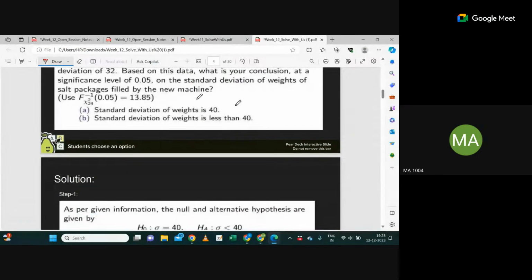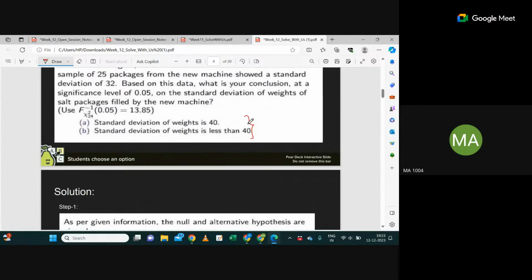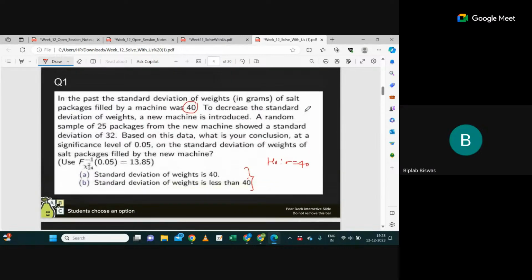Or you can simply guess it with your hypothesis also. So my hypothesis is basically I'm saying sigma is 40, right? Now just read the statement. It will be very clear to all of you which test you have to apply. Now, to decrease the standard deviation of weights, a new machine is introduced.